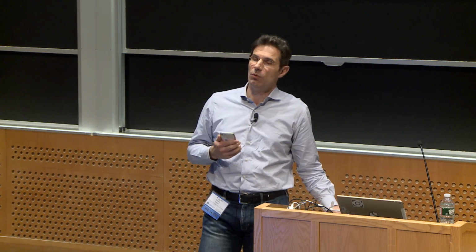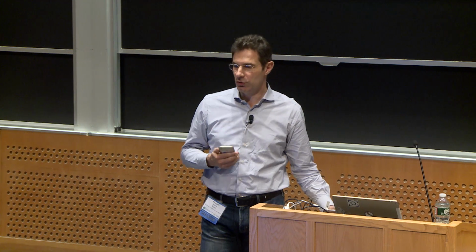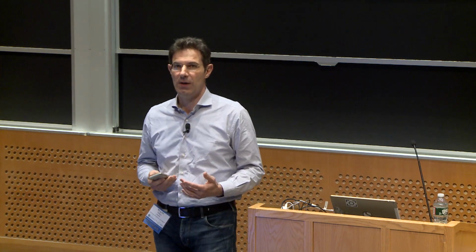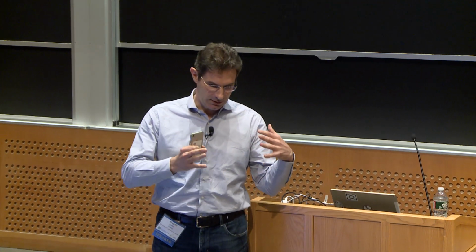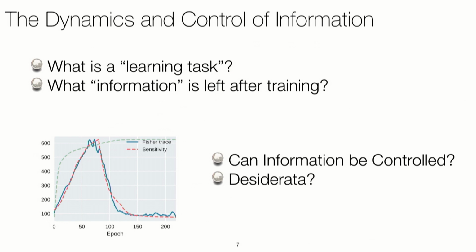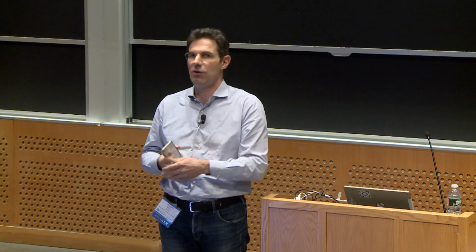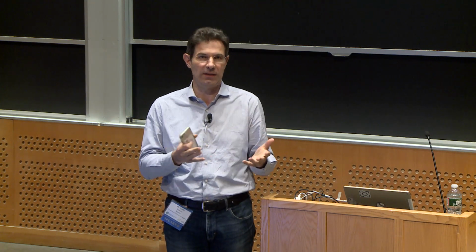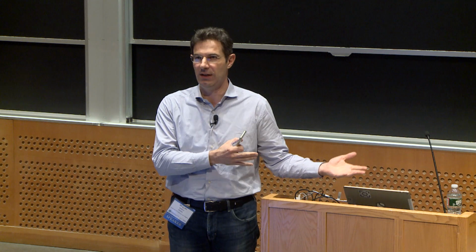So if you want to control information in a network, how would you do so? What is the criterion for doing that? Because a learning task is specified by the training set, but the desiderata for the control task or the goals pertain to the test set, which you haven't seen. You don't care to be invariant to nuisance variability affecting data that's sitting in your memory you'll never see again.